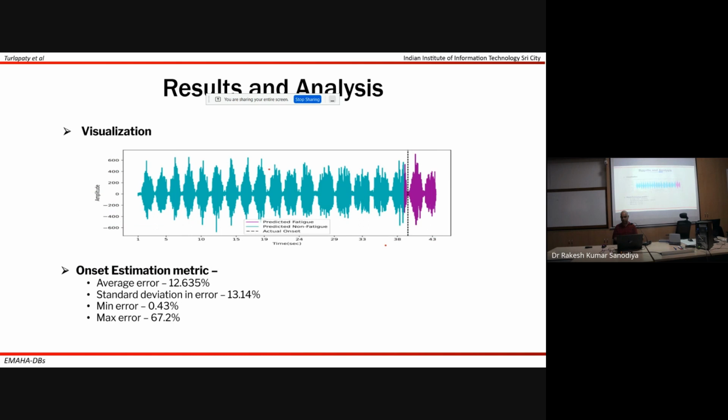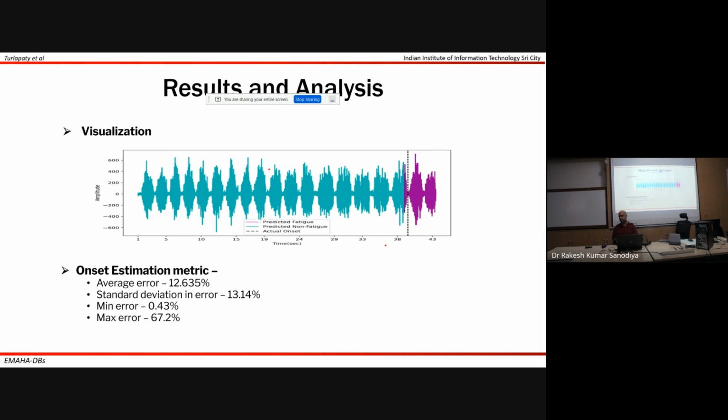And the next step, once we have this classification result of each segment, we stitch that, right? And try to predict the exact onset. So you can clearly see one of the examples here. That is one of the good results. The error is computed as the difference between the time at which we say the onset of fatigue has happened and when it actually happened. The gap is computed as a percentage of the total length. So the average error is 12%.